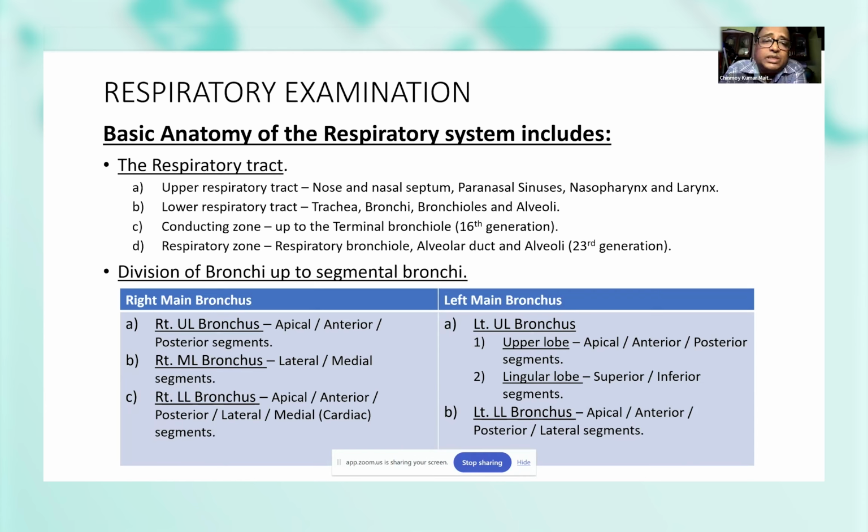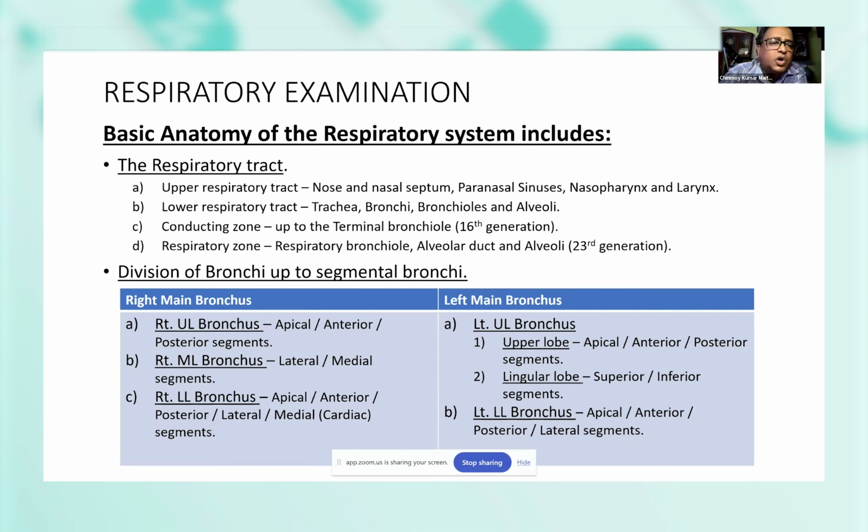When the bronchi are branching, the trachea is the zero generation, the main bronchus is the first generation of the tracheobronchial tree. Then comes the segmental bronchus, the third generation, second generation.